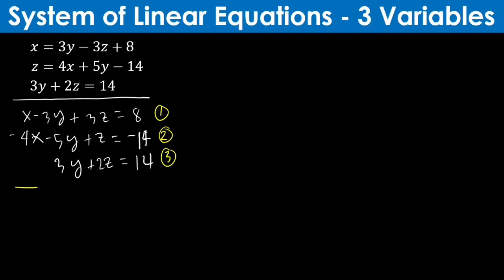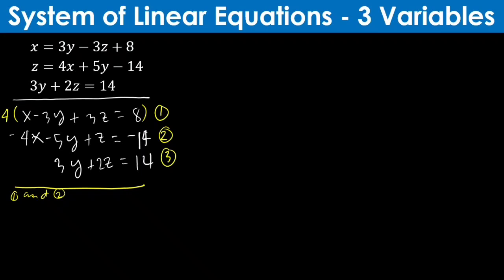That's our plan. So we'll pair equation 1 and 2. We eliminate the x. That means we're going to multiply this by 4, so that our x will be eliminated.